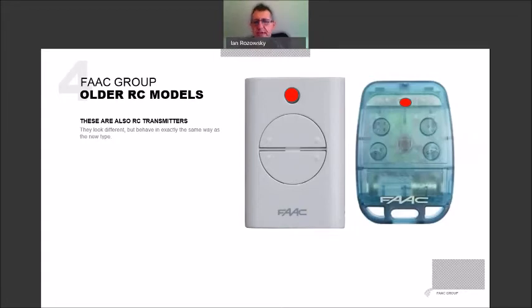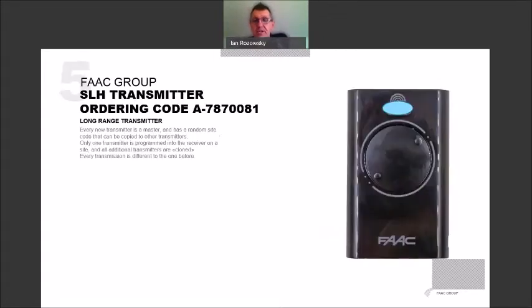If we move on to the SLH transmitter now, as you can see, I've highlighted the blue LED there. So this is also called a long-range transmitter, and there's a different philosophy when it comes to these transmitters. So basically, every new transmitter, as you purchase it out of the box, is a master transmitter, and it's programmed with a random site code that can be copied to other transmitters.